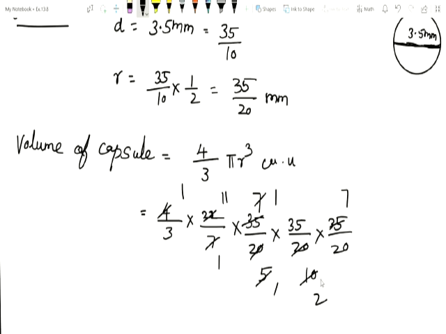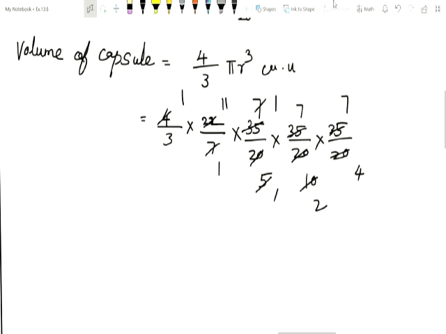Are there any other possibilities, children? See here, 4 5s are 20, 7 5s are 35. Next, any other possibilities? No. Now, what numbers are there in the numerator? 11, 7, 7.